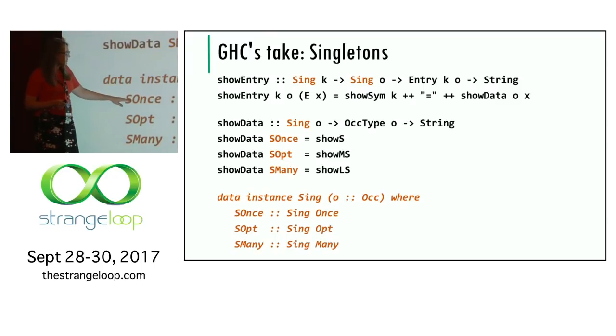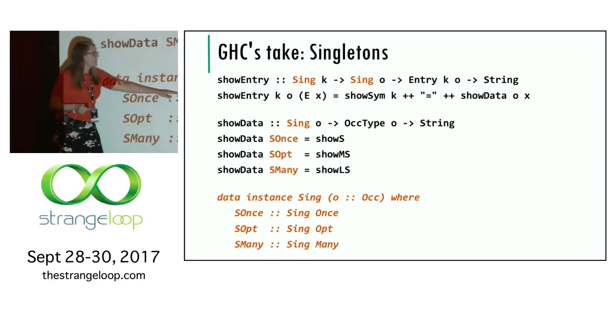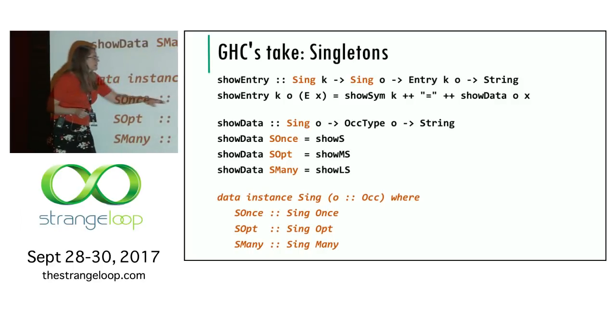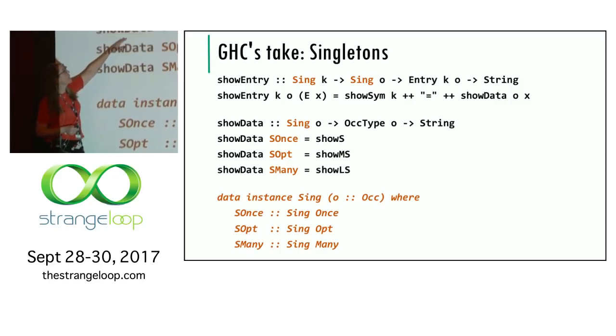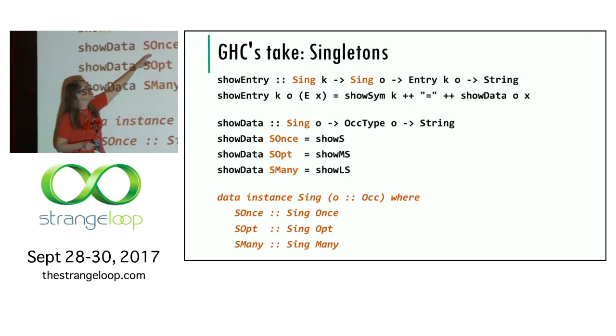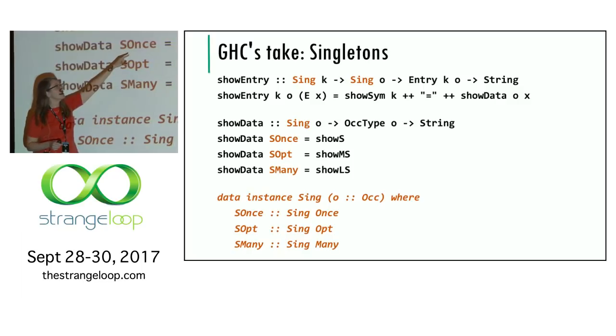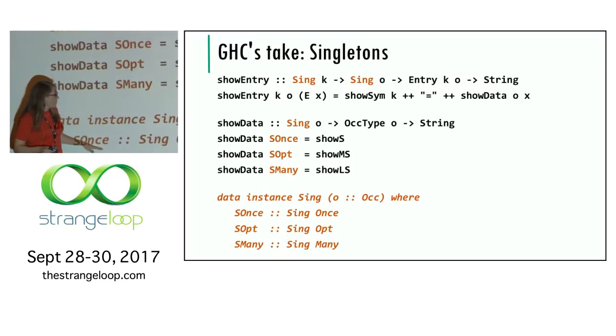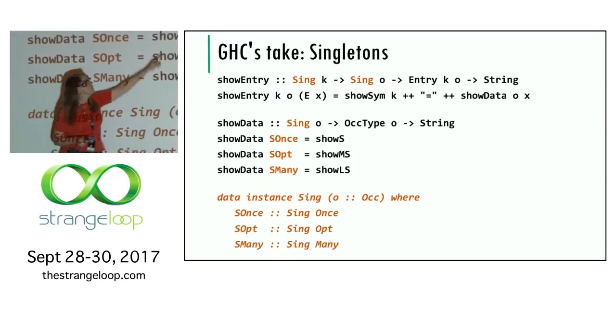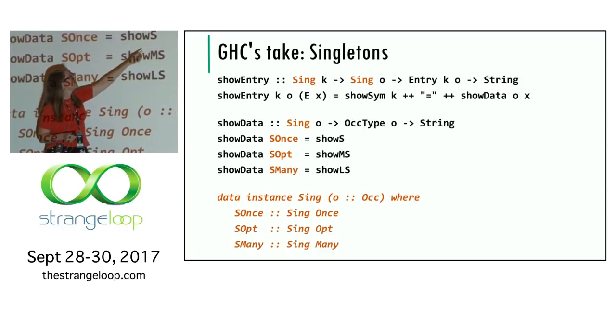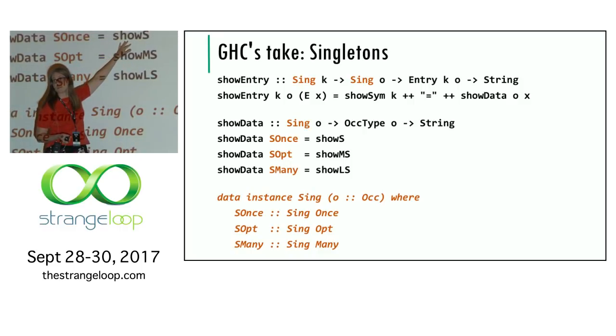And S_once, the singleton for once, is the only way I can get something of that type. So when I'm matching on S_once, that tells Haskell what O is. So we know O is going to be once, so we know octype once is going to be string, so we know this is the show function that we need.